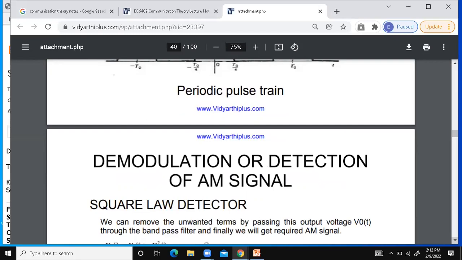Okay. So you start out with a certain wave and you modulate it and get a certain pulse train.